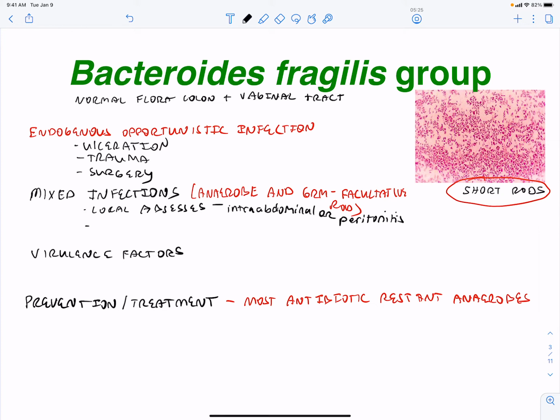And then you can also have metastatic abscesses. And this is usually going to also be associated with spread through the blood.